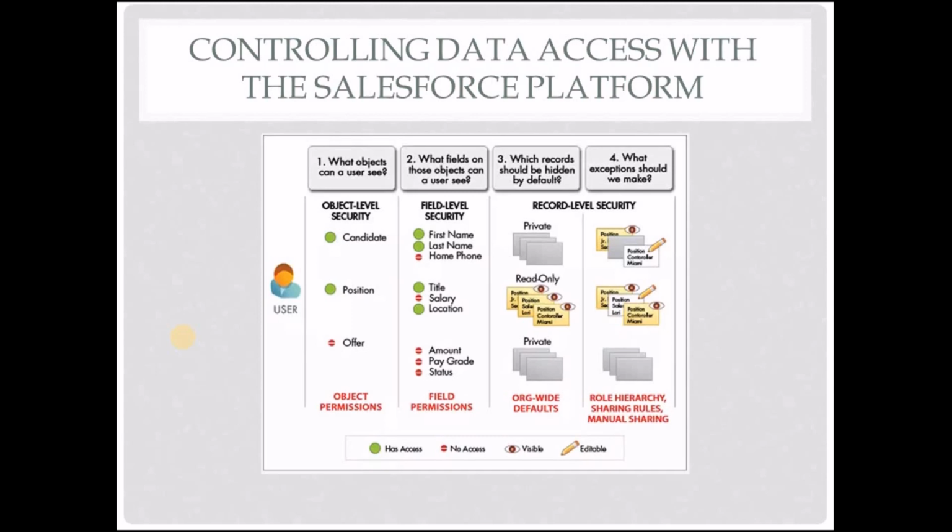Now that we know about the various levels of access that are in place in Salesforce, let's talk about how we can control the access to these levels using the Salesforce platform. To do so, let us take a look at this image on the screen. From a user's point of view, which is you, we first see the object level security.